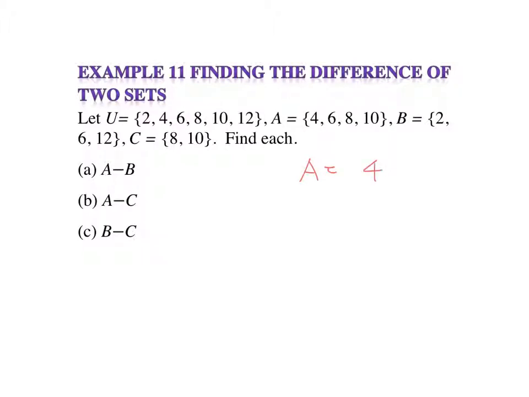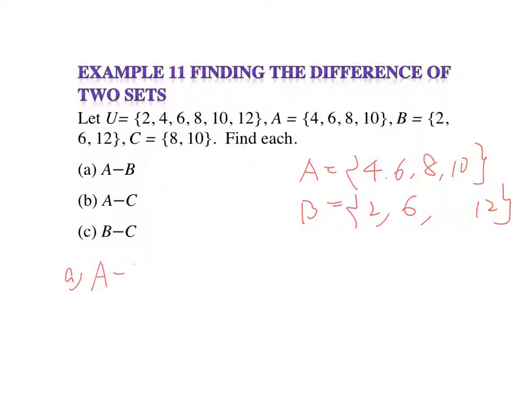So I have 4, 6, 8, 10, even numbers. In B, I have 2, which is not there, 6, and 12. So if I do A minus B, I should have, let's see, if I do A subtract B, I should have 4 left, right?